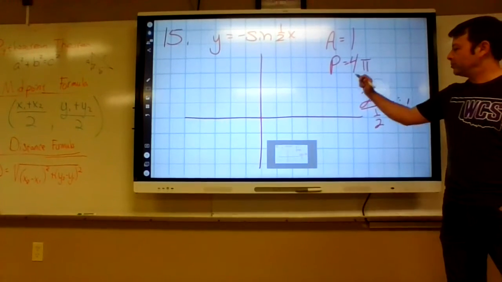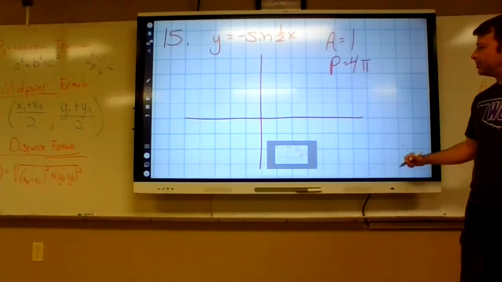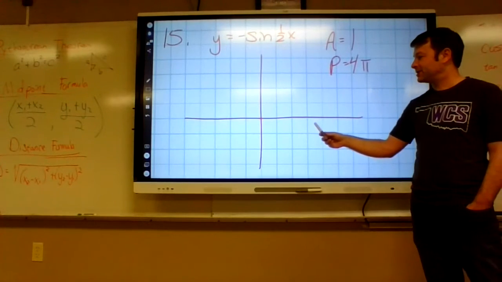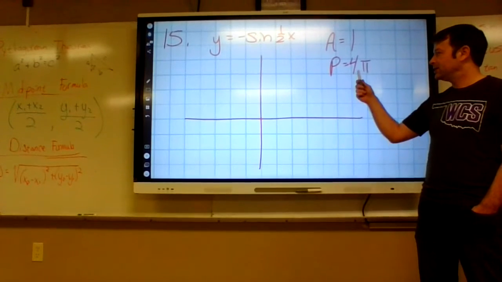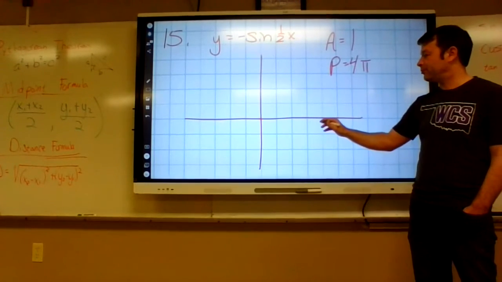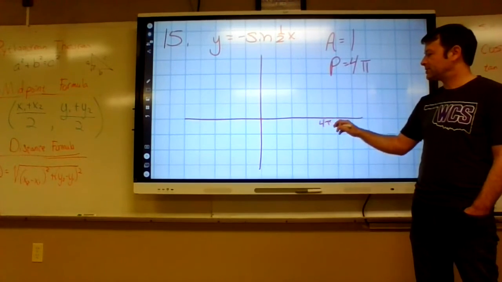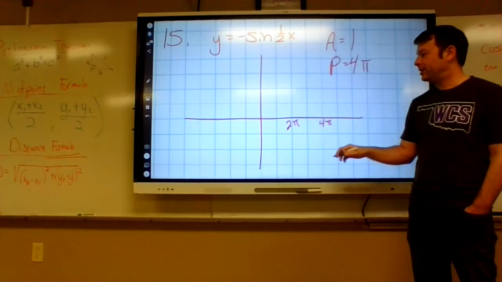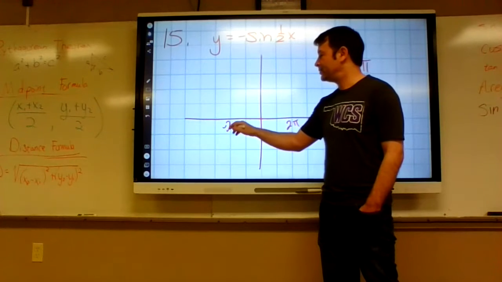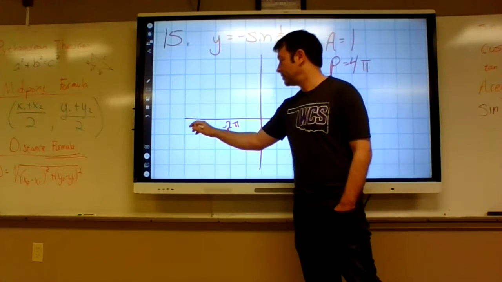So when I go to mark my x-axis, you remember how I put pi and 2 pi here yesterday? Instead I'm going to put 4 pi, because that's how long my period is. So the halfway point would be 2 pi, and over here is negative 2 pi and negative 4 pi.